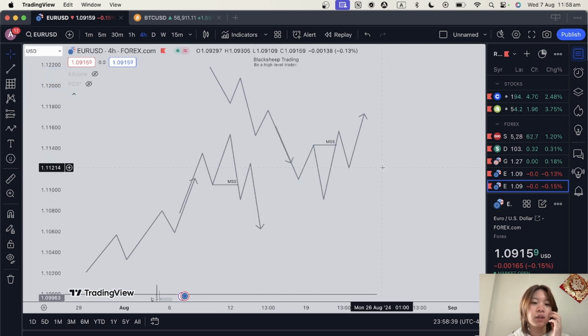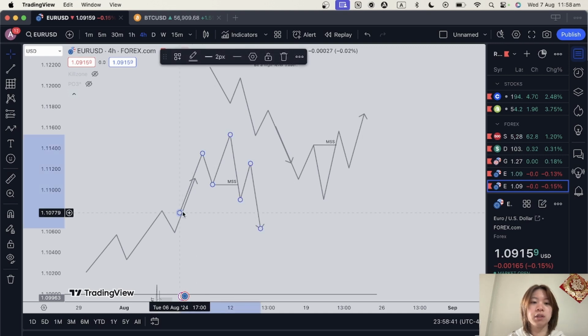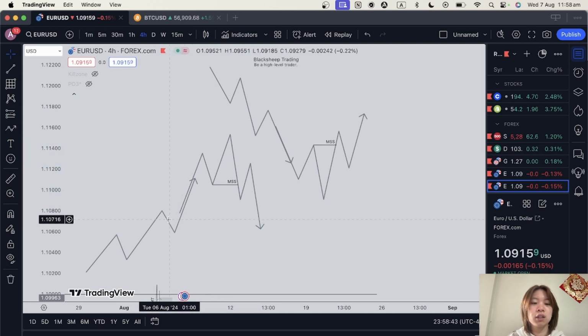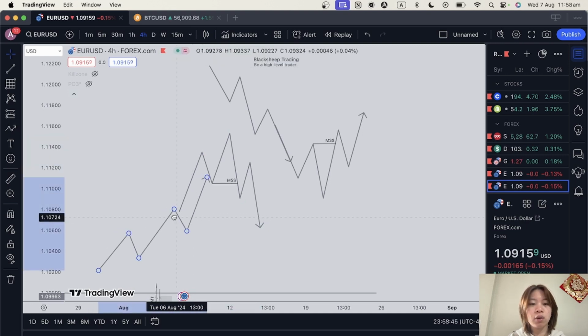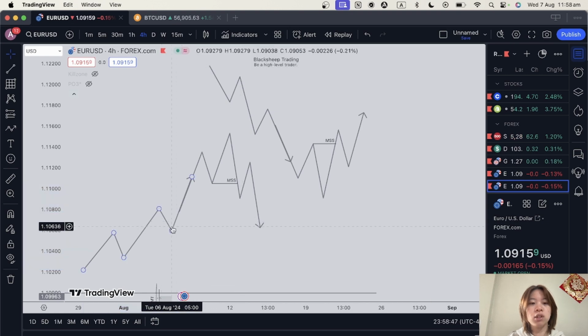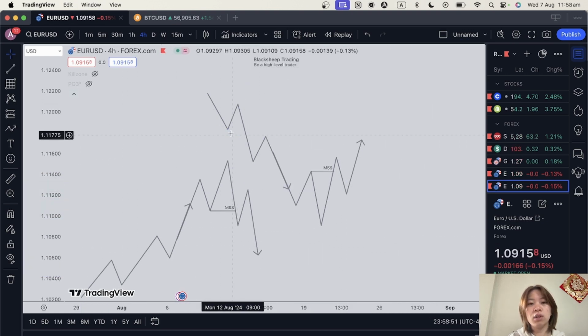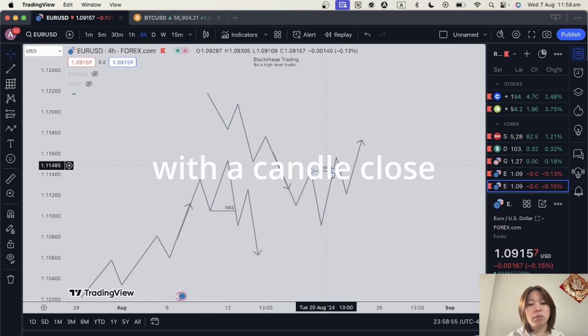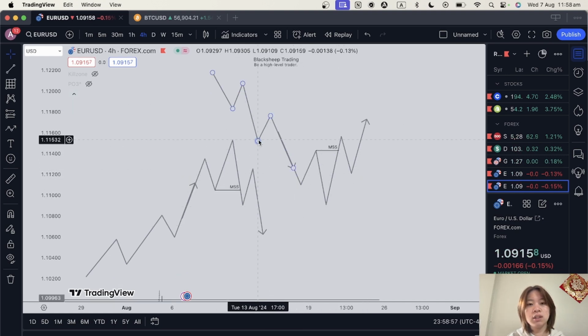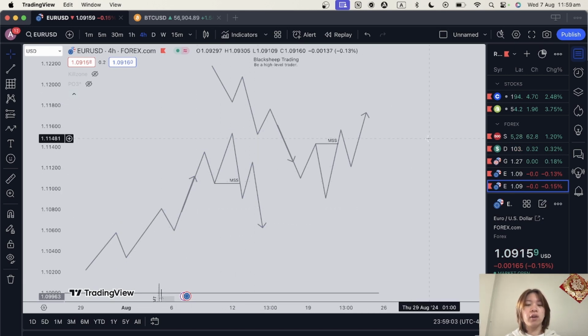Because if we want it to be continuously in an uptrend, then all the highs should be continuously being taken out, and all the lows should continuously be respected. All these lows here should be untapped. And same for being in a downtrend. All these highs here should be untapped. The second that this high gets taken out, that's a market structure shift. And all these are just breakup structures here, and here as well. So that's what it looks like on a graph.